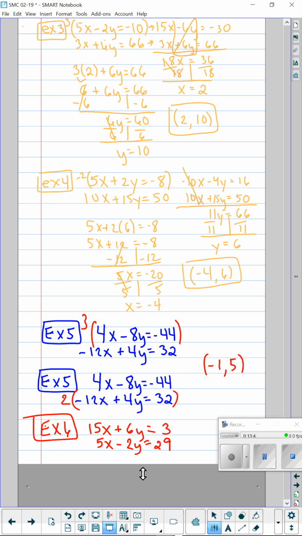Or I could multiply the bottom equation by a positive 3, and that would create the opposites in the y's. Personally, when I'm solving these, if I already have the opposite signs, like with the y's, where I have the positive 6 and the negative 2, then that's usually the one that I go for. That way I don't have to risk making any silly mistakes with my negatives. So if it were me solving this, I would multiply the bottom equation by 3.